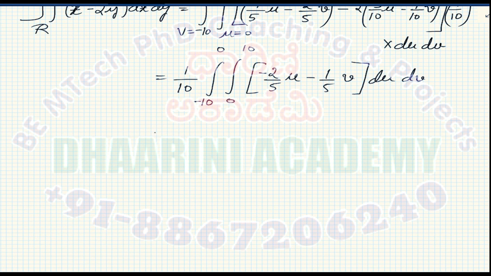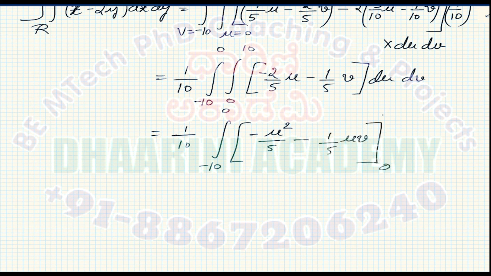So that's going to give me, this is equal to 1 by 10. The limits minus 10 to 0 remain. When you do the integration of minus 2 by 5 into u, I'm going to get u square by 2. So 2 will cancel. It is minus u square divided by 5, minus v is a constant. So it is minus 1 by 5 u into v. Substitution will take place from 0 to 10.